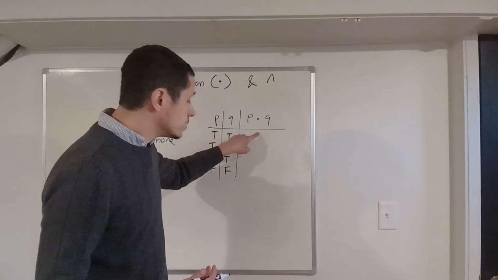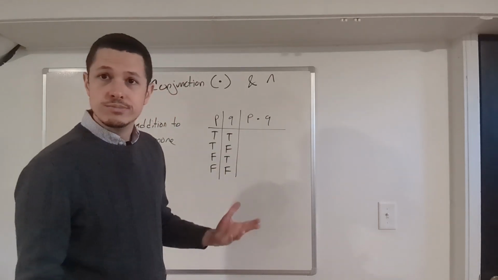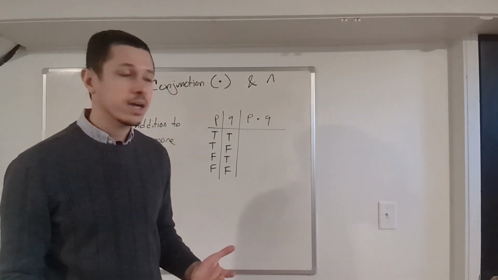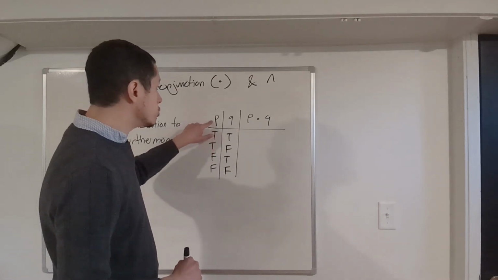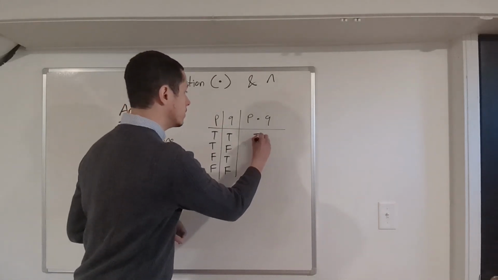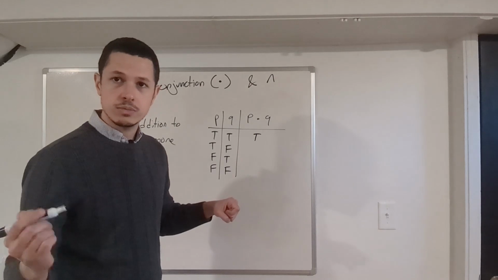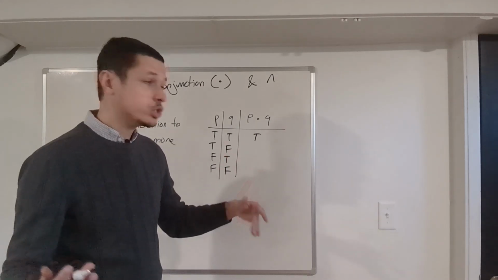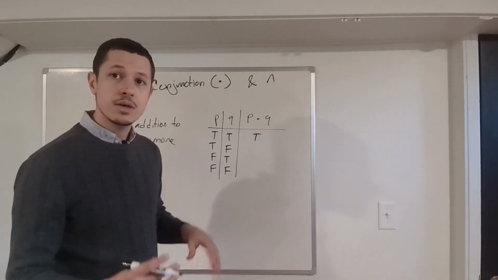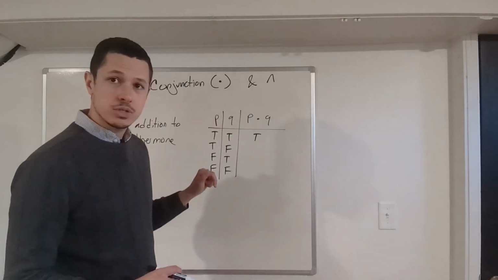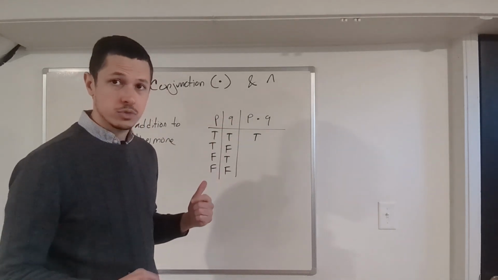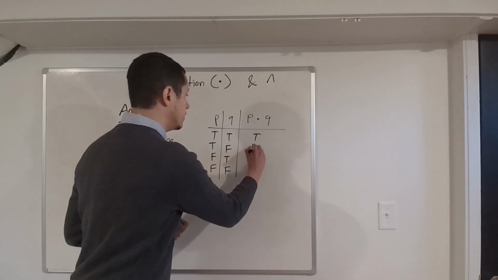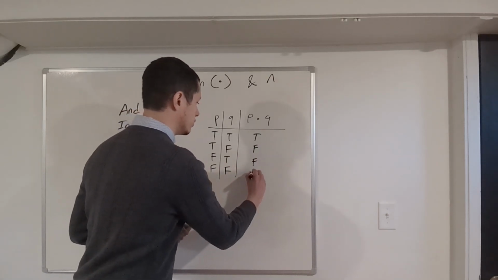And then you'll see that the way that this computes is just the way you would expect it to in natural language. So if P is true and Q is true, then we know that the person who told us that they were eating pizza and watching a movie told us the truth. So that computes out to true. However, if either of these turns out to be false, or even both of them turns out to be false, then this will compute to false.